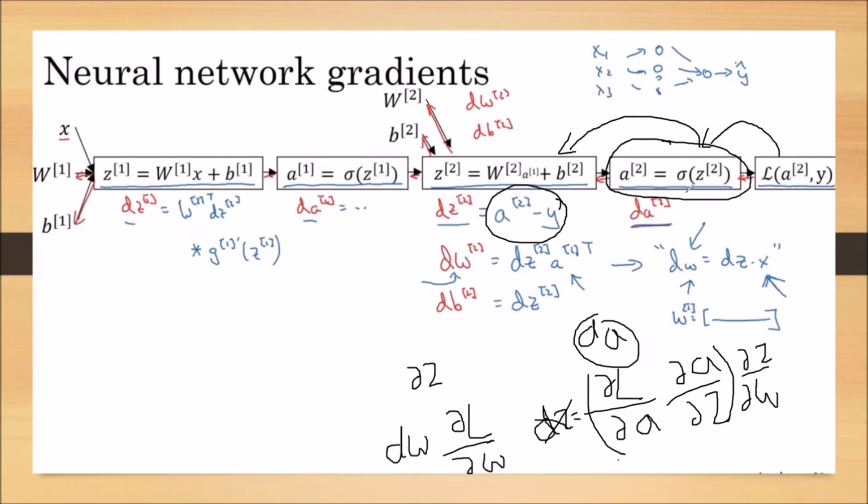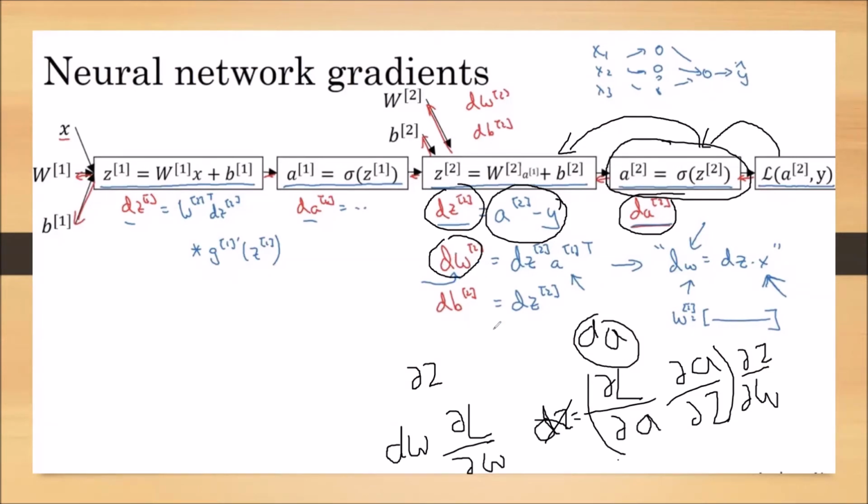So what does dA mean? It is the differentiation of the loss function with respect to A. What does dz mean? It is the product of the differentiation of the loss function with respect to A and the differentiation of A with respect to Z. And what is dW?